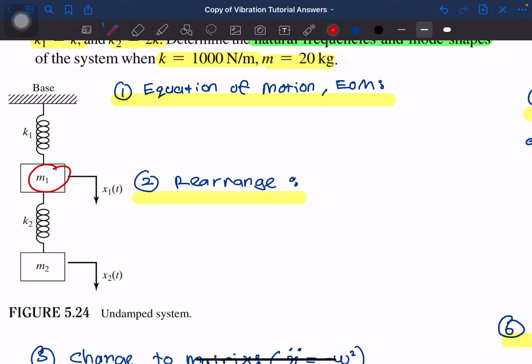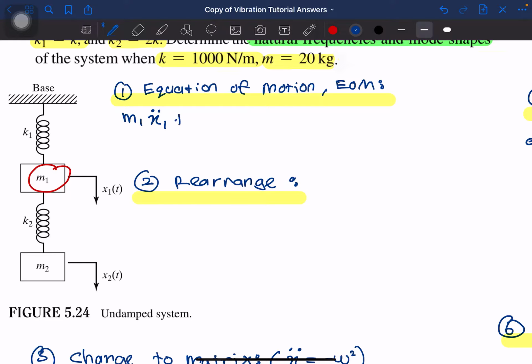Since m1 is moving, you put it as m1 x1 double dot, because m1 is undergoing motion in the x1 direction. Since you have two bodies, m1 and m2, you have two equations of motion.